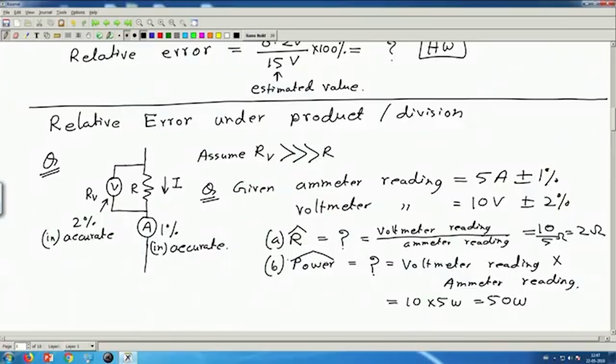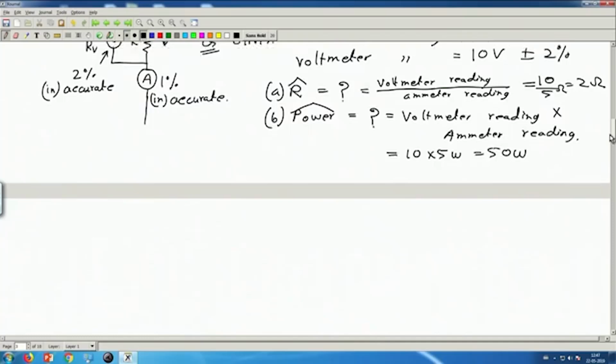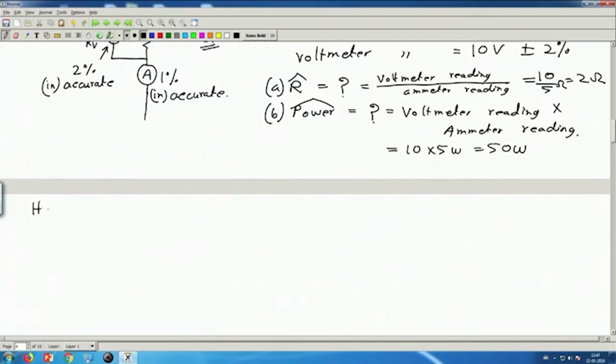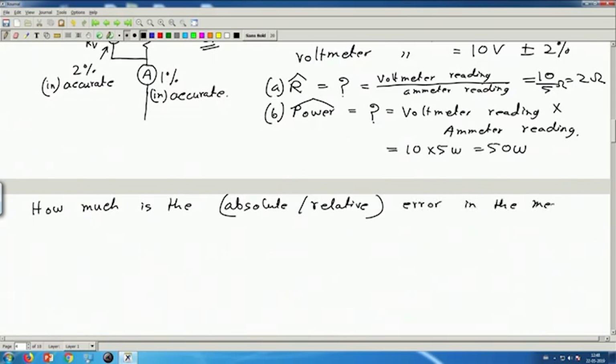Now the question is, how much is the error, absolute or relative, in the measurement of R and power, resistance and power.